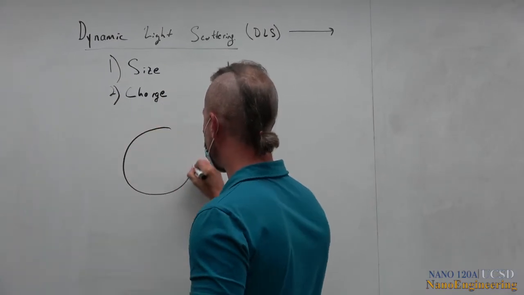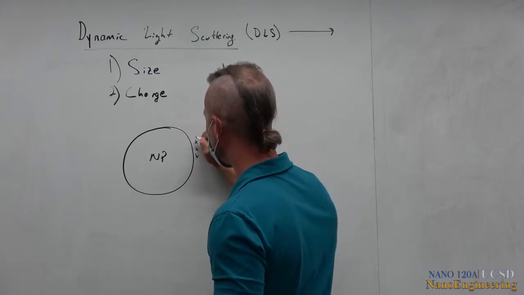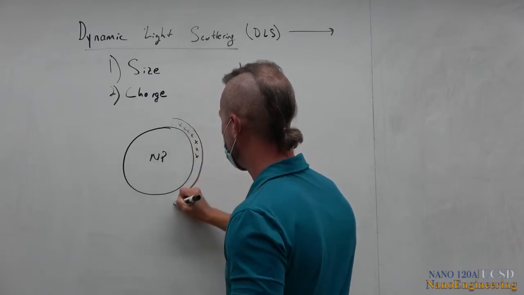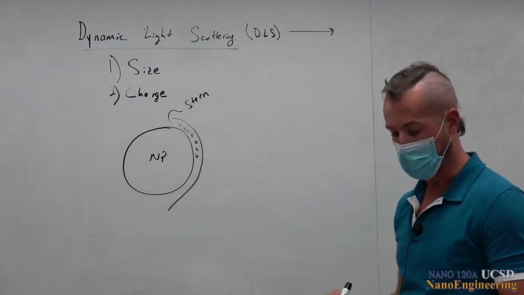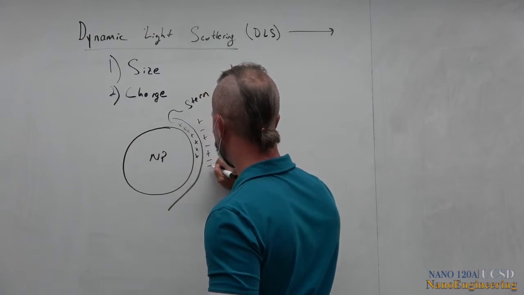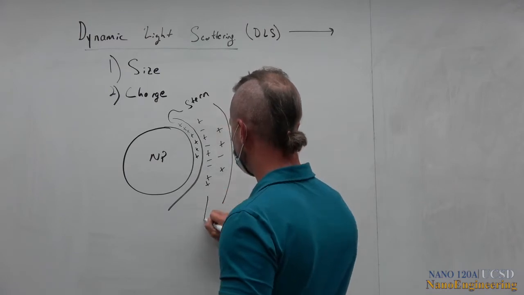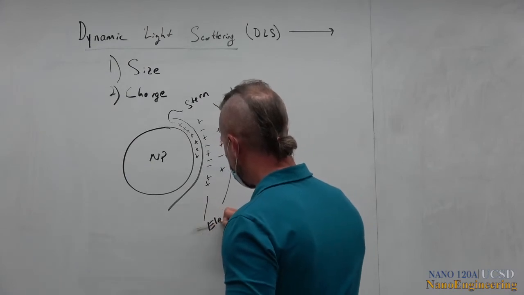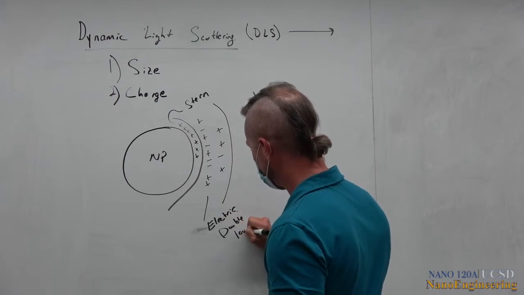Well, you've probably seen this in class where if you have a nanoparticle and you have the Stern layer, the very tightly bound inner layer, and then you have the electrical double layer.